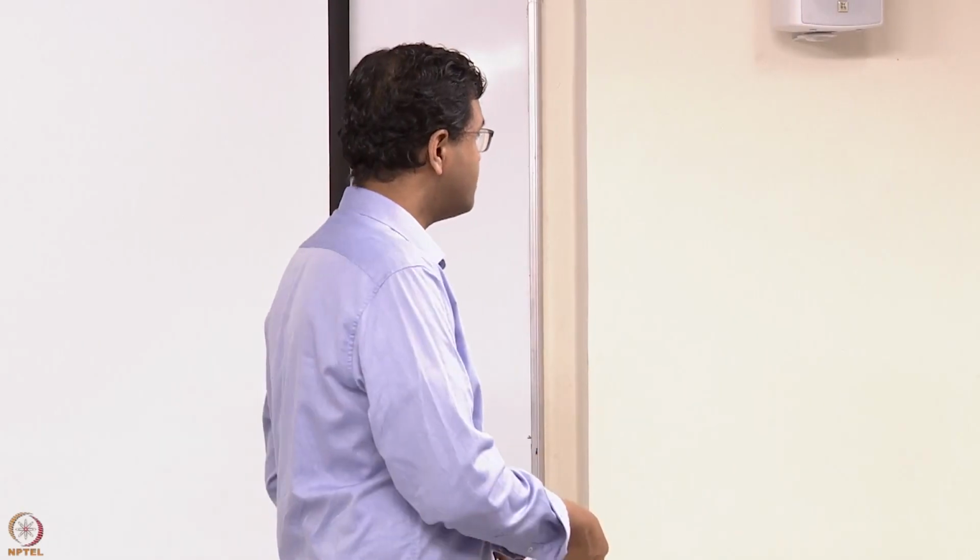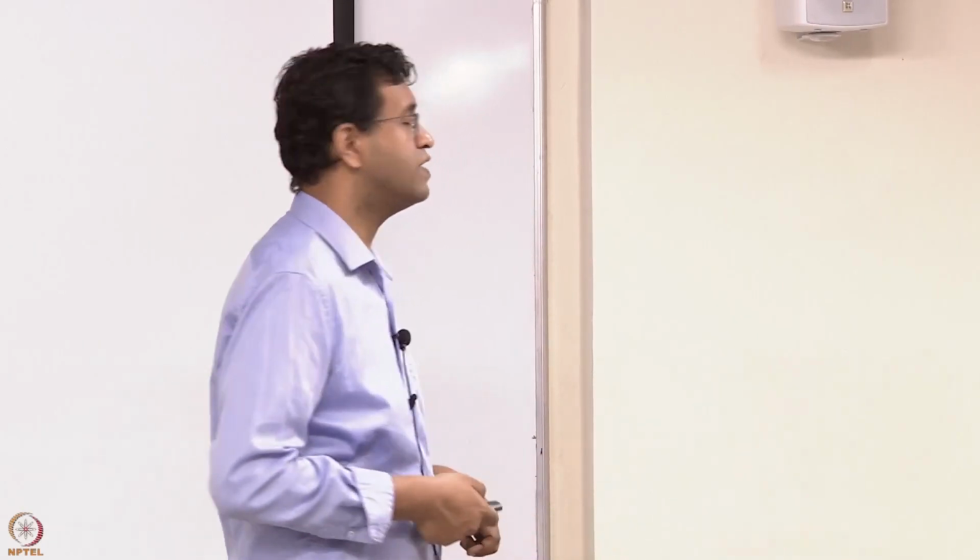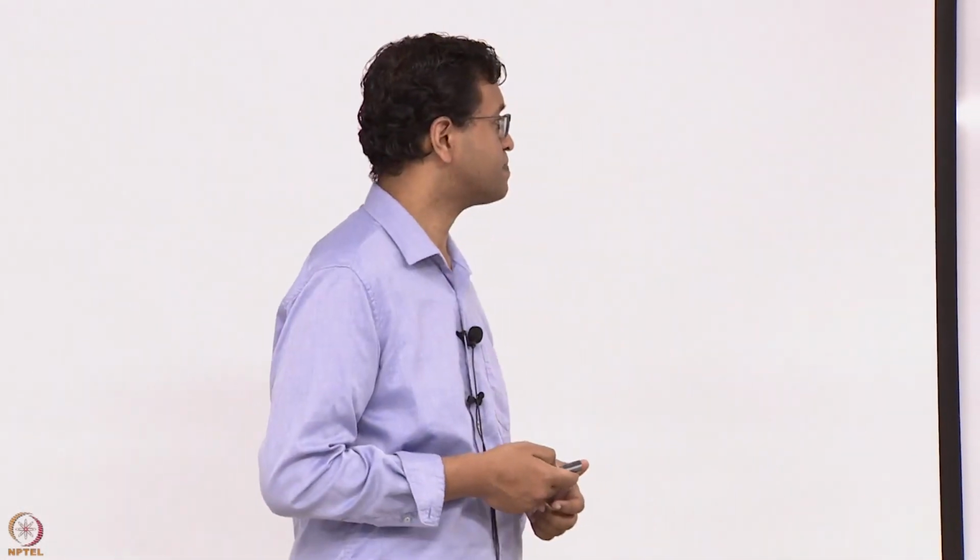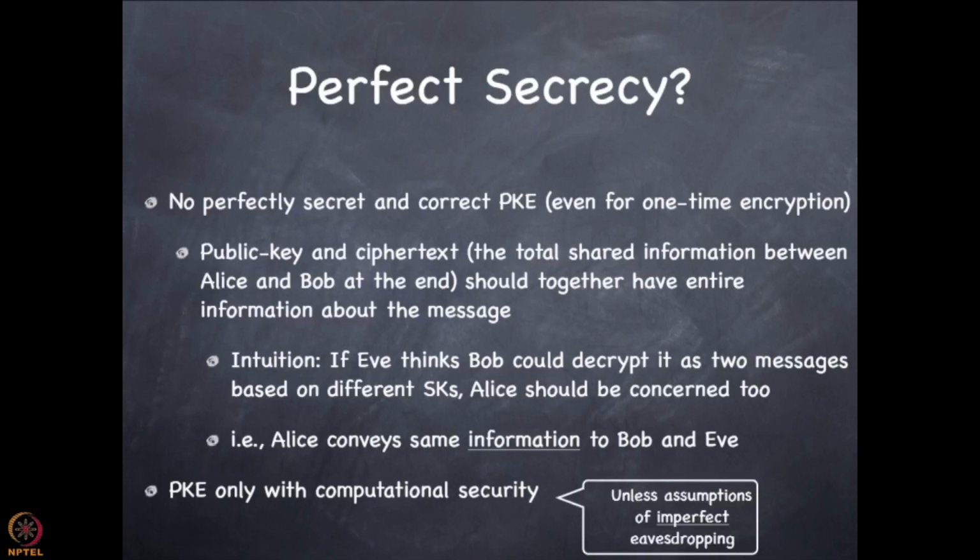Okay, so the bottom line is that you need computational hardness to get public key encryption. There's one caveat here. If you are working with a channel model where the eavesdropper cannot exactly listen to the message that Alice and Bob are sending, there's a little feature available if the channel has imperfect eavesdropping.